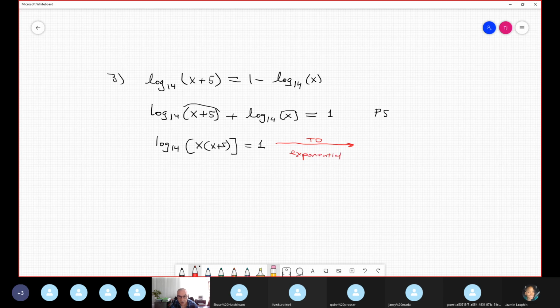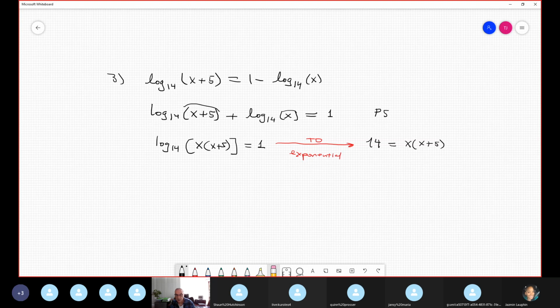The base is 14, the exponent is 1. The 1 is invisible, I don't need to write that. It's equal to the rest, x times parenthesis x plus 5.